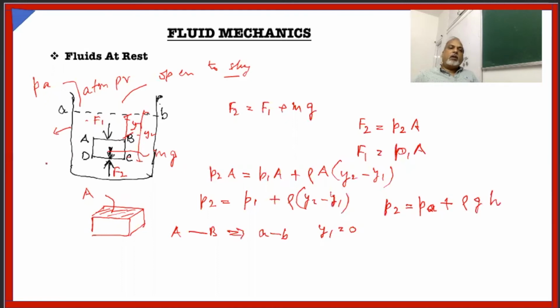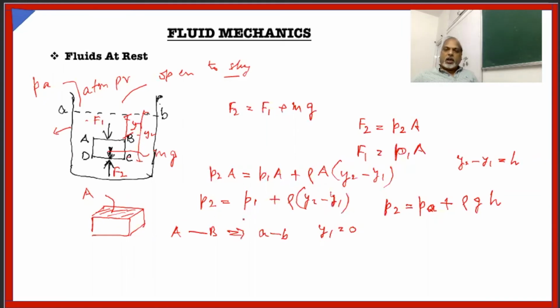H is nothing but this height, Y2 minus Y1 is h. When Y1 becomes 0, then Y2 is nothing but h.